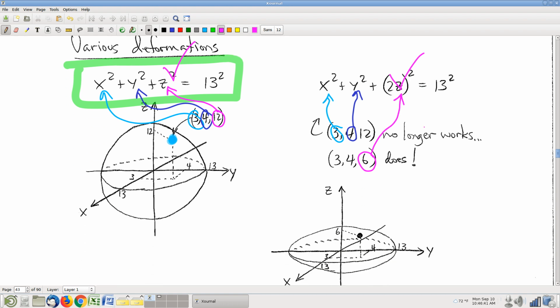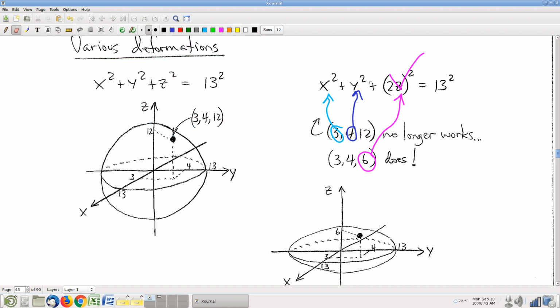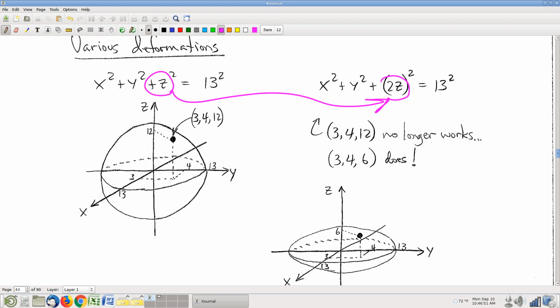So there's a nice punchline then. When you do this process, when you replace z with 2z in the equation, it's like you're taking all the z coordinates and dividing them by 2.